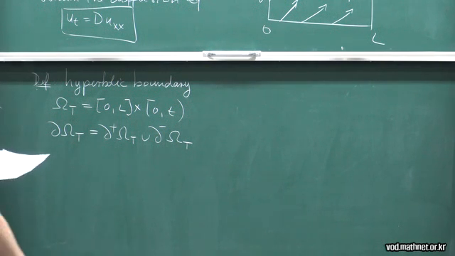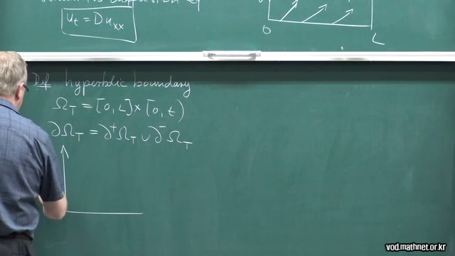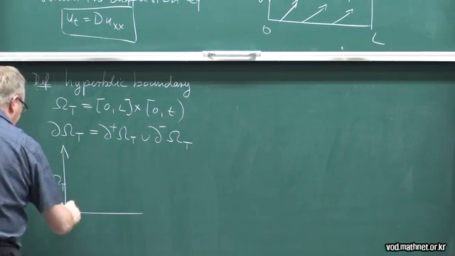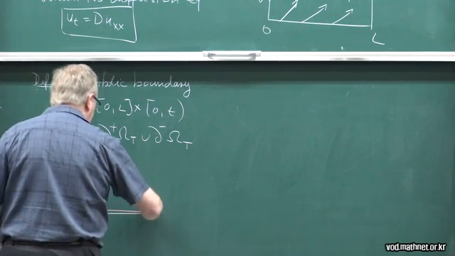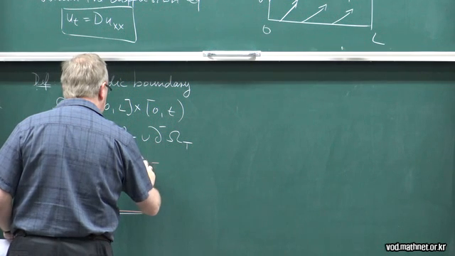Instead of writing it down, I just plot this. This bit here is delta plus Omega_T, and this bit here is delta minus Omega_T.